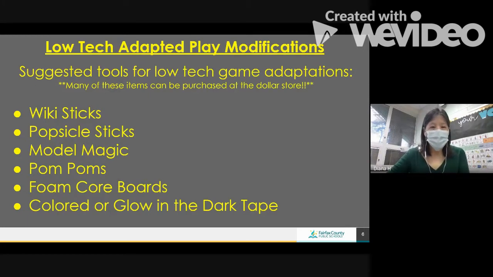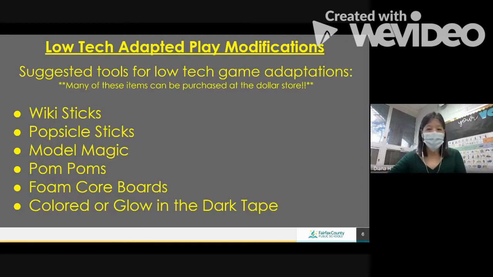Hi, everyone. We are going to talk now about some easy low-tech adaptive play modifications that you can do to any type of board game or card game or any other game that you have that may require some additional modifications in order to best support the needs of your child or your students.